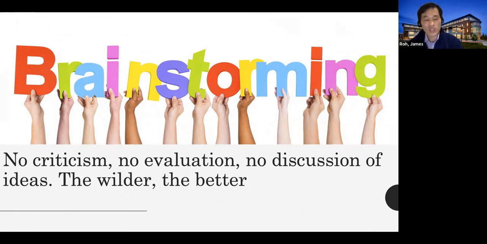For example, you can have engineers, business owners, regular employees, or outside people, right? Who does not know anything about that process, he or she might be able to offer you a creative solution. So you diversify your team members and invite them, and then have a session of brainstorming.